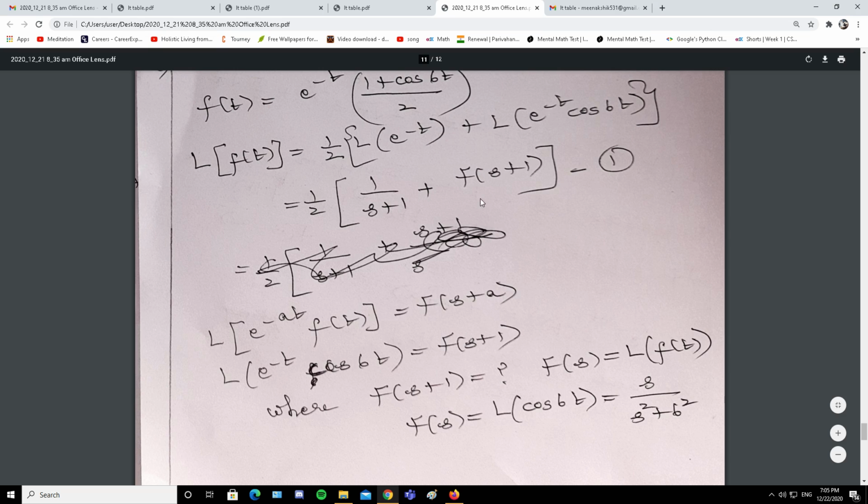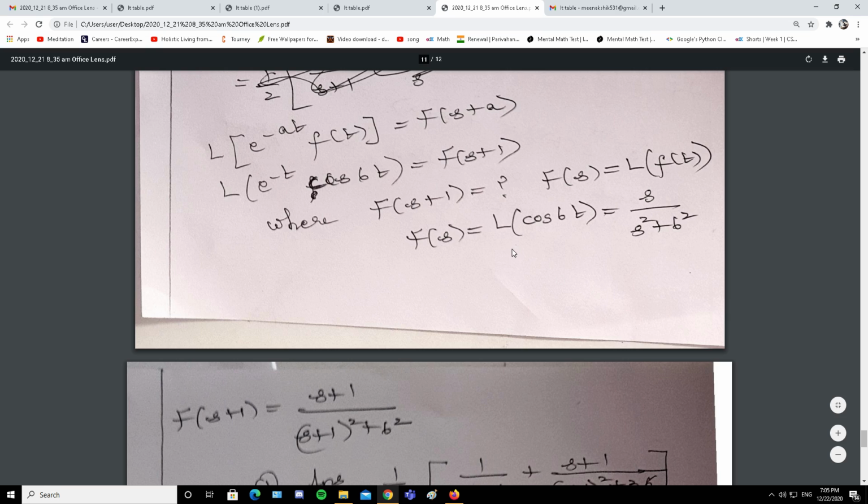Whenever you have f of s plus a or f of s minus a, you have to get through f of s. So what is f of s? L of f of t, where f of t is cos 6t. So f of s is s by s square plus 6 square.